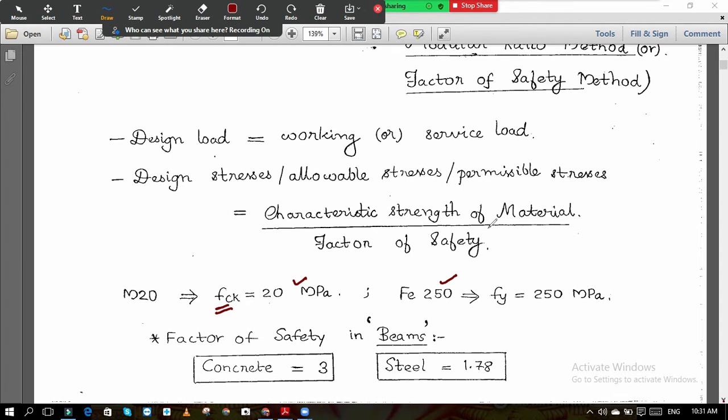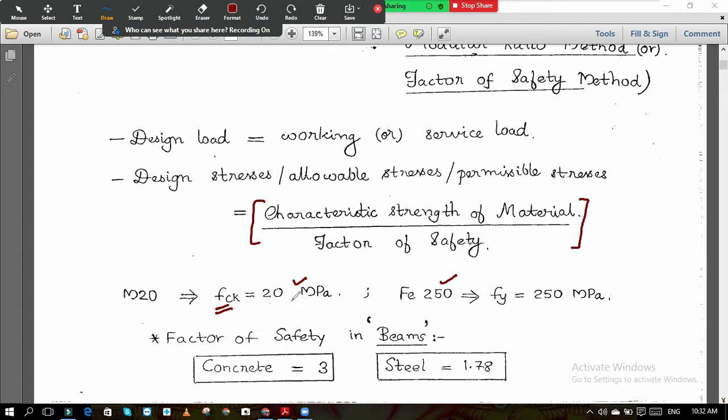It is the characteristic strength of the material divided by factor of safety. So by using this formula, we can calculate the design stresses for the specific materials.